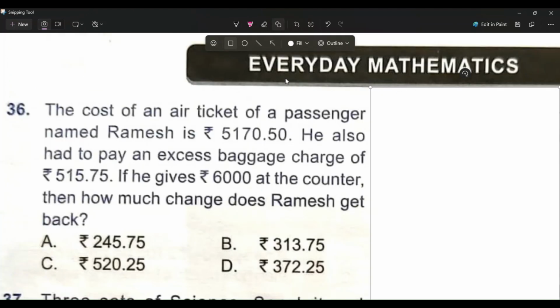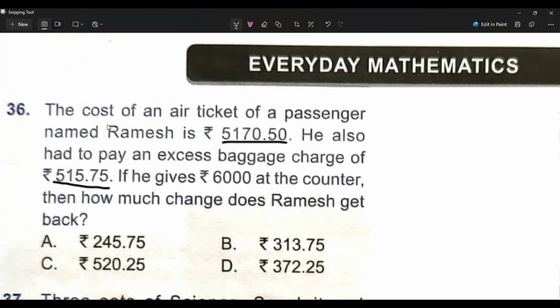Now, third section, everyday mathematics. 36th question. The cost of an air ticket of a passenger named Ramesh is rupees 5170 50 paisa. He also had to pay an excess baggage charge of 515 75 paisa. If he gave 6000 at the counter, then how much change does Ramesh get back?